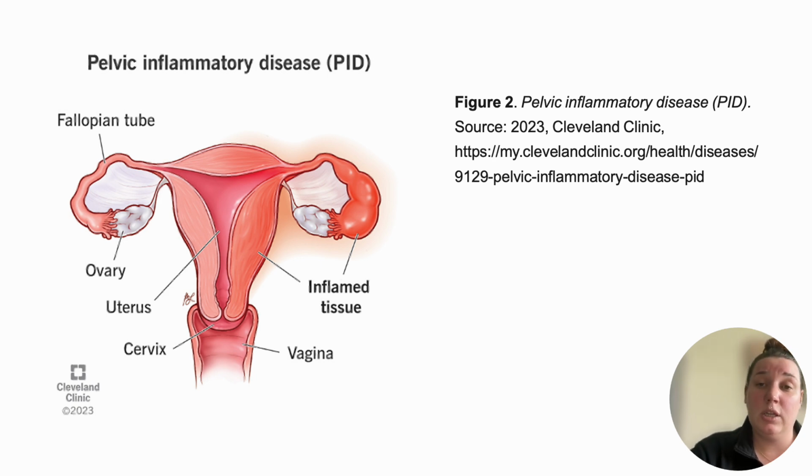Once there is a lot of scarring, this could actually lead to other things like an ectopic pregnancy, where there's a buildup of scar tissue, and if a woman was to become pregnant, the fallopian tube could potentially be blocked, causing a pregnancy within her fallopian tubes, and this could be fatal. The National Center for Health Statistics explains that more than 6 million females in the United States suffer from infertility, with PID being the leading cause.